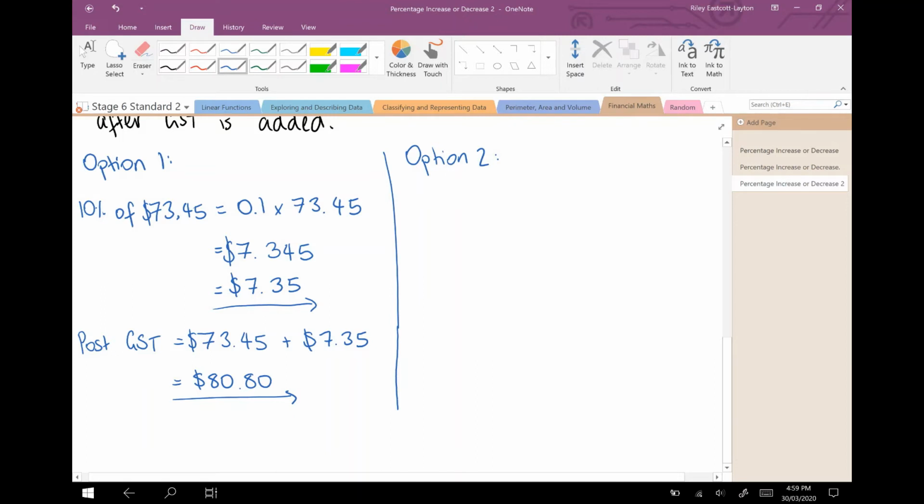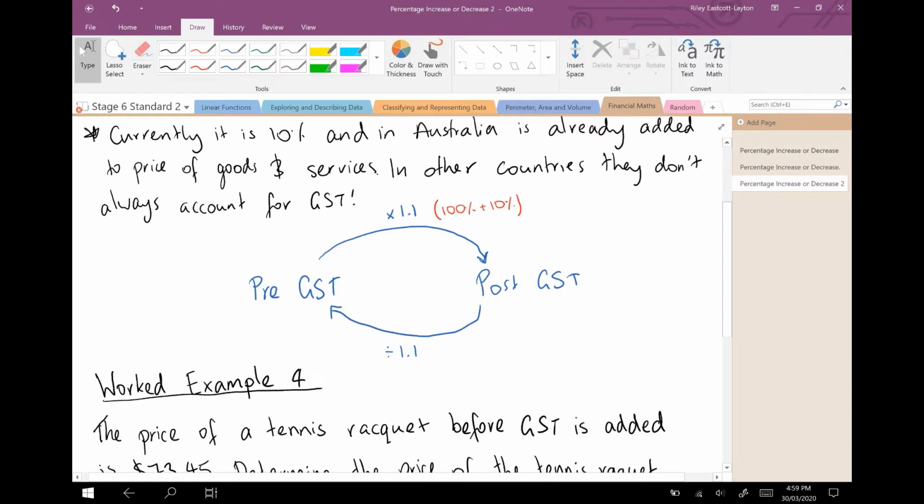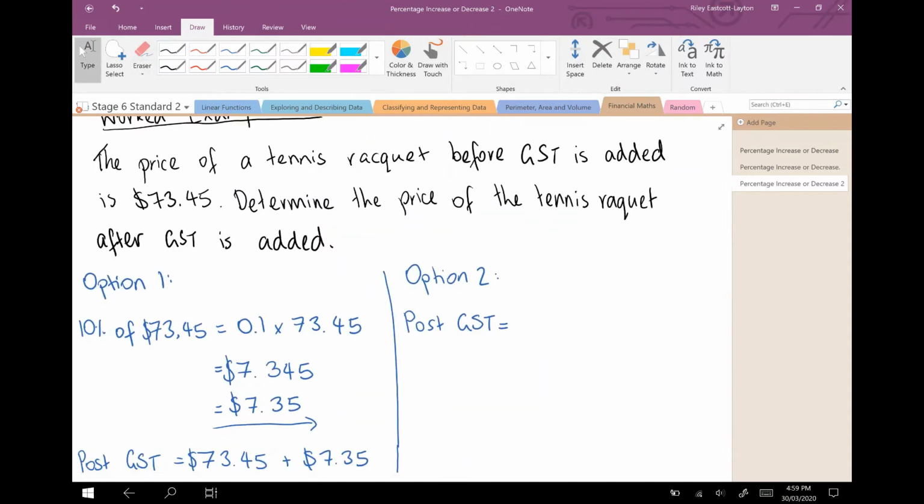Alright, now same with our second option. Going back to that conversion that we were talking about before, we could say that post GST, again, we could call it after GST, you could even call it sale price, I think, because that's what it would be. If we go back up here to our little conversion chart, if we go from pre-GST around to post-GST, we times it by 1.1.